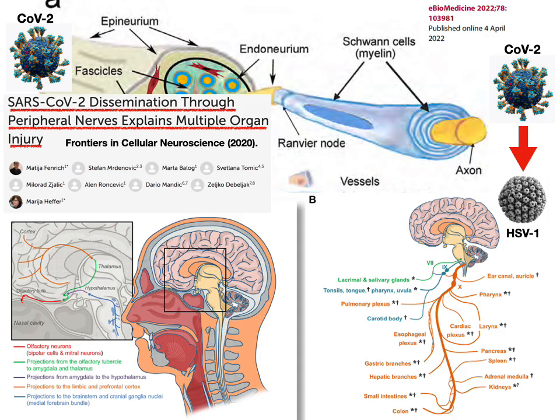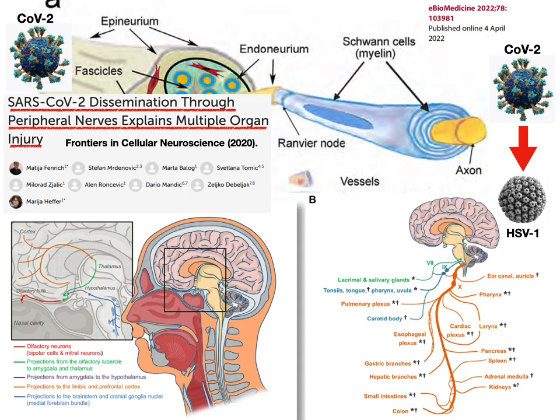And the idea that neurotropic viruses can move through axons, infecting glial cells along the way, is a potent conceptual framework to explain how CoV-2 can disseminate through the body as well as form persistent tissue reservoirs.